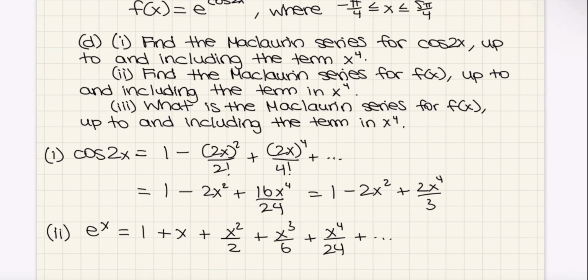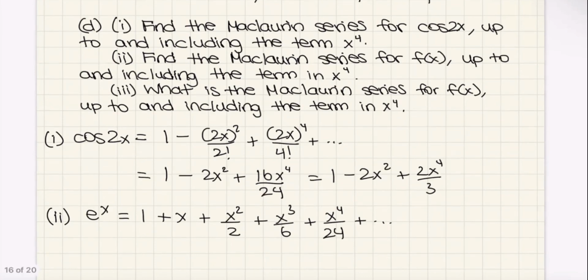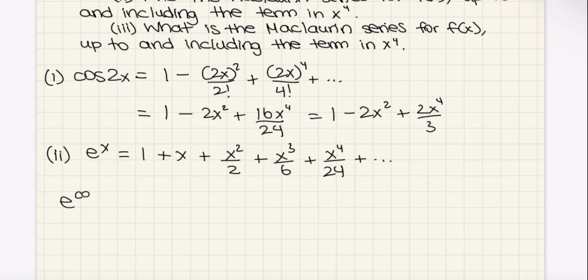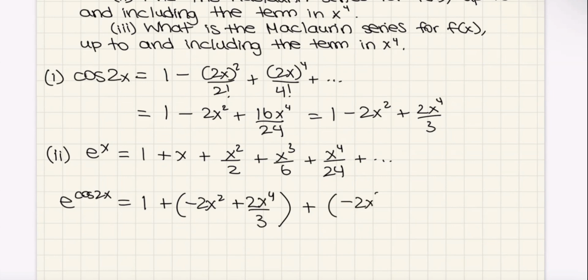Okay, so for f of x, we end up with e to the cos 2x is equal to 1 plus negative 2x squared plus 2x to the power 4 over 3, and then plus negative 2x squared plus 2x to the power 4 over 3, all over 2 squared, and so on.